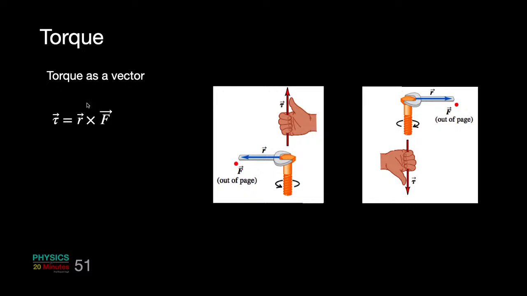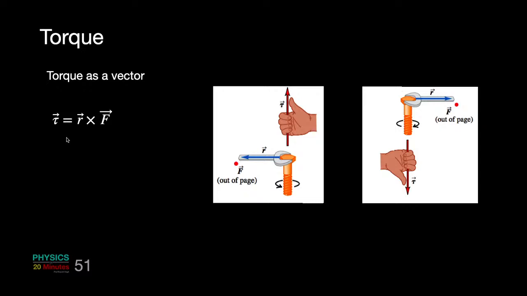Now, torque is a vector quantity. How is the direction of torque given? The direction of torque is given by the cross product between r vector and F vector. Remember, r comes first. So vector torque tau is equal to vector r cross vector F. You know the cross product rules.